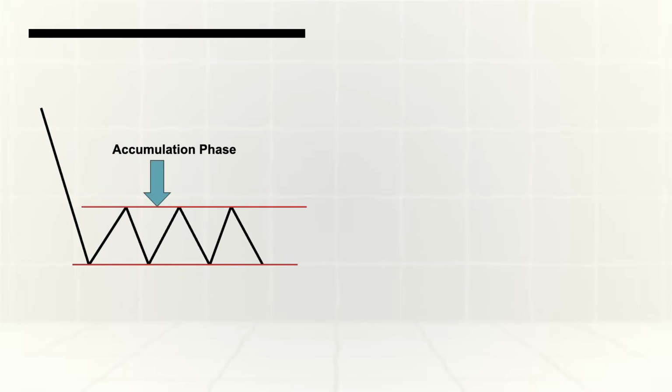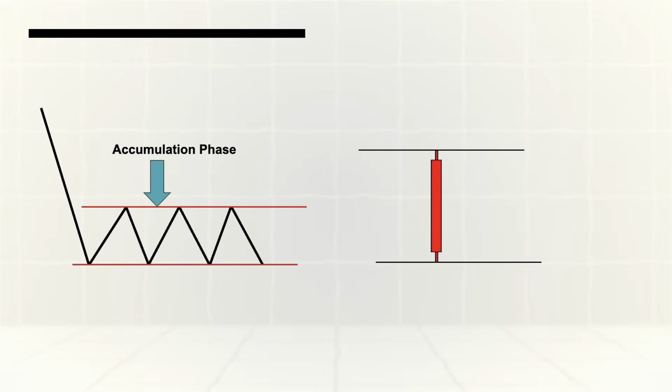When viewed from higher time frames, such as the daily or 4-hour chart, accumulation frequently appears as a narrow range candle or a sequence of small-bodied candles drifting sideways. The objective during this stage is straightforward. Institutions are preparing for the next phase, manipulation. They quietly build long or short exposure without causing significant price expansion that would reveal their intent.